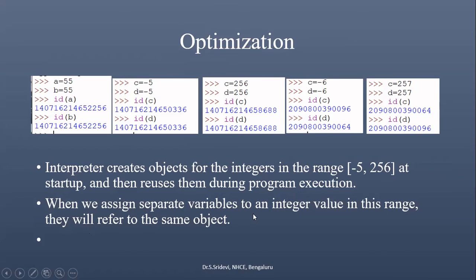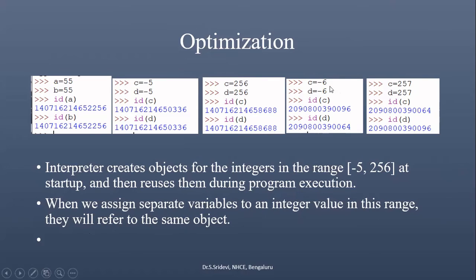When we assign separate variables an integer value in this range, they will refer to the same object only. Because of this, for the first three examples, we are getting the same ID. In those examples, the values 55, -5, and 256 are in the range -5 to 256, so the interpreter has already created the objects, and only those objects are referred to.